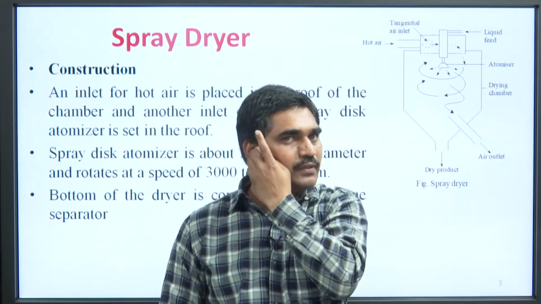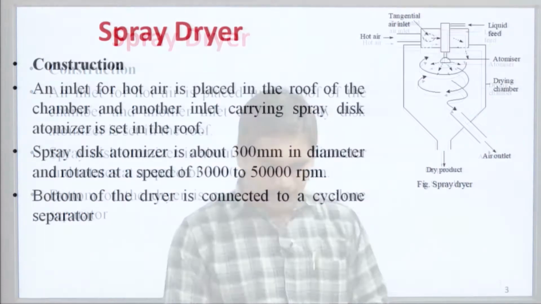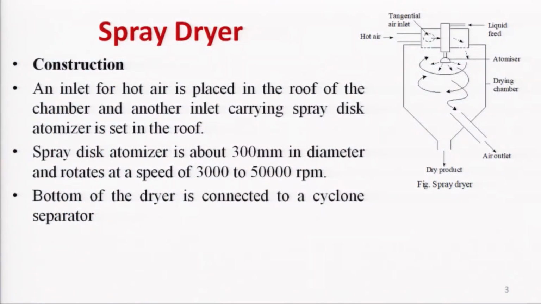Further, there is an inlet for hot air. You see in the diagram, this is the tangential air inlet, a point for hot air. The hot air is introduced into the drying chamber in this fashion.